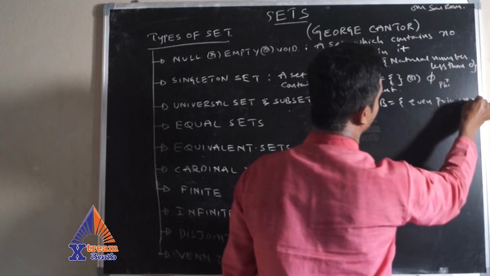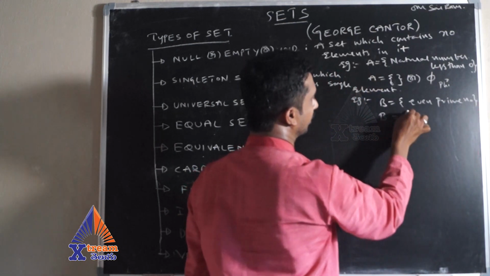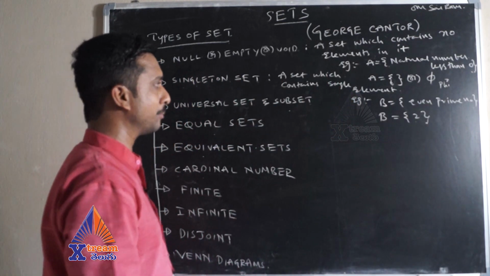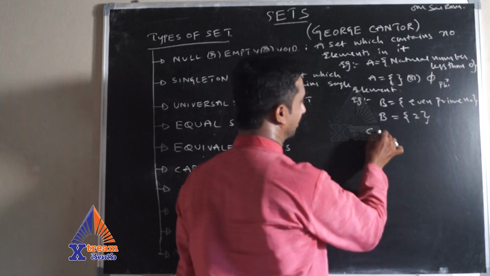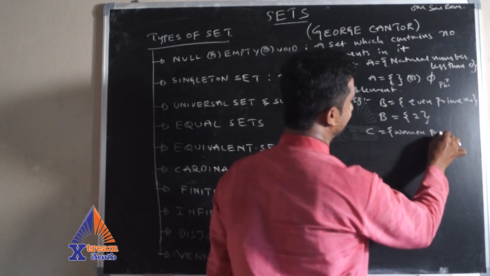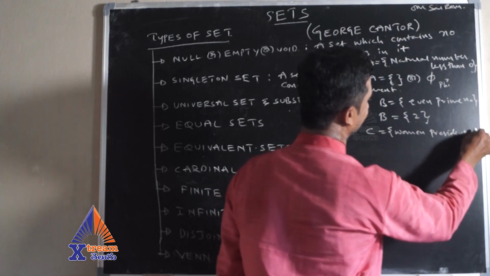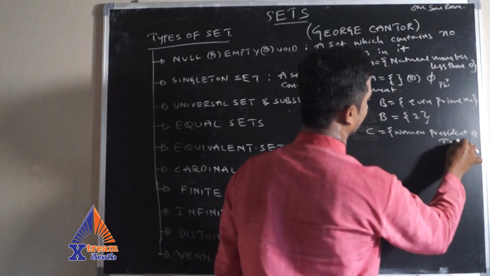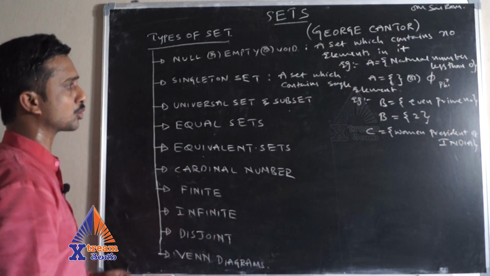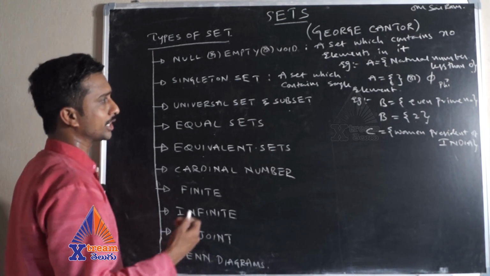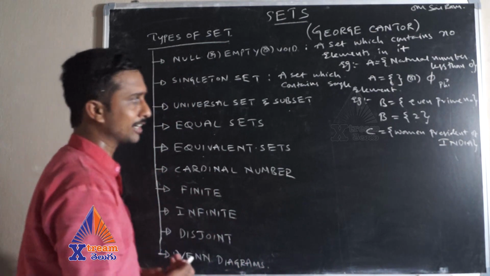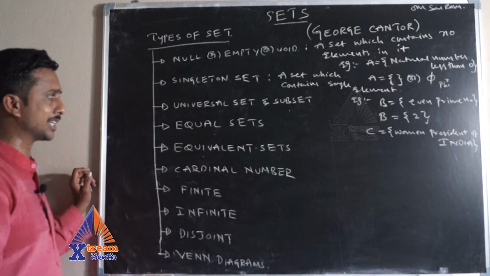We already know only one even prime number is there, that is 2. Or else you can take one more example: Woman President of India. Like that you can take any example which has only one element. Or else natural numbers less than 2, so that is only one. Like that you can take n number of examples.